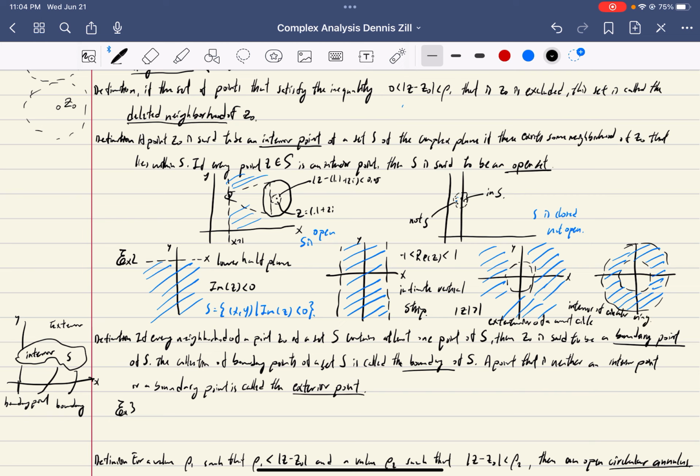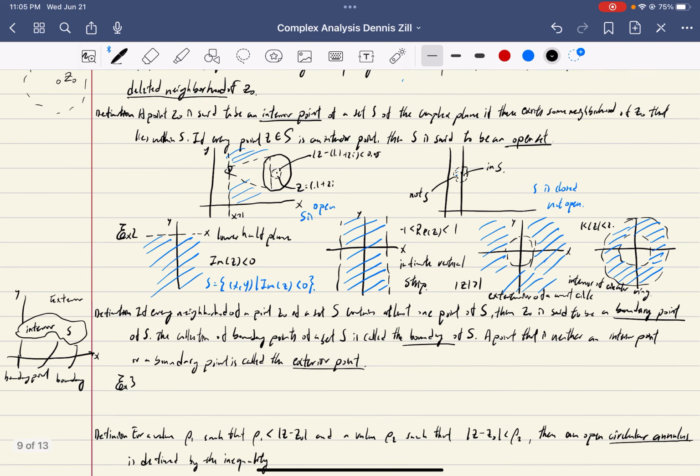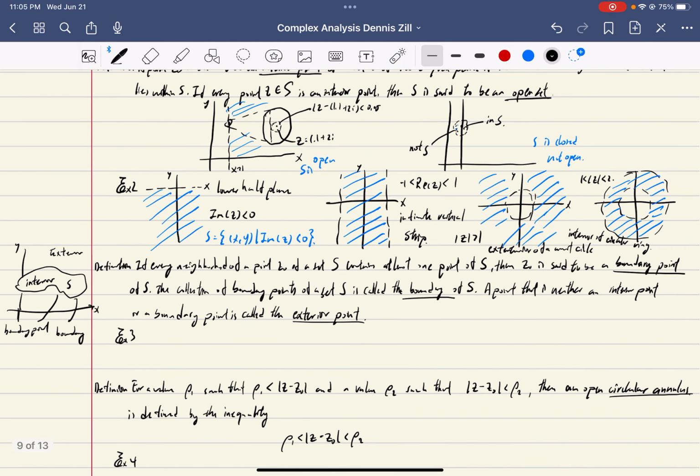We can define it as the modulus of z being between 1 and 2.